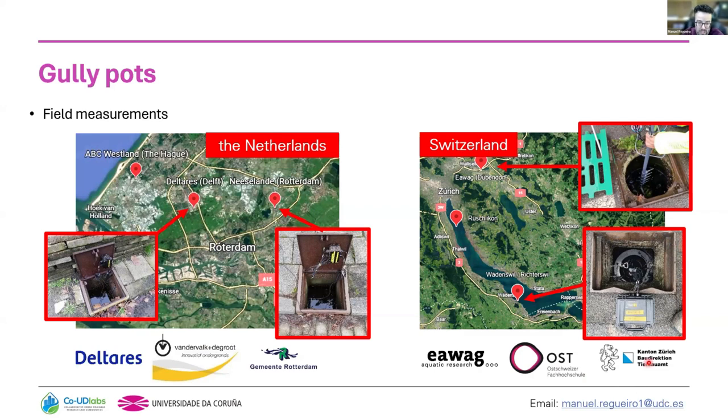With that, we could also test different gully pot configurations. For example, in the Netherlands they are quite small in terms of volume, much smaller than in Zurich. So we could also test the robustness of this Monse system in order to be applied in the field.